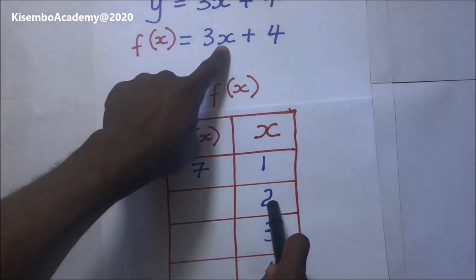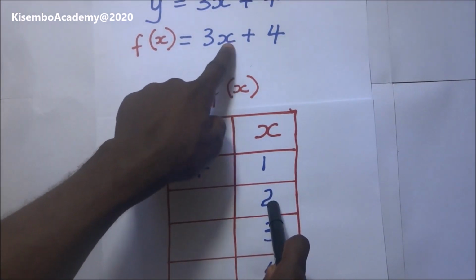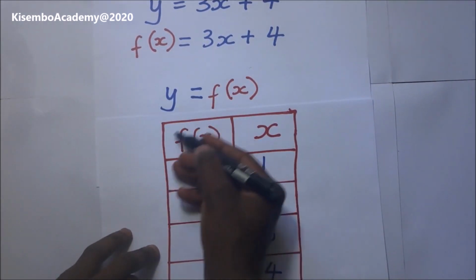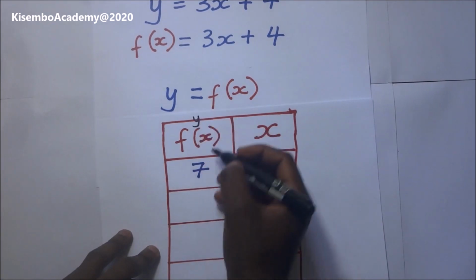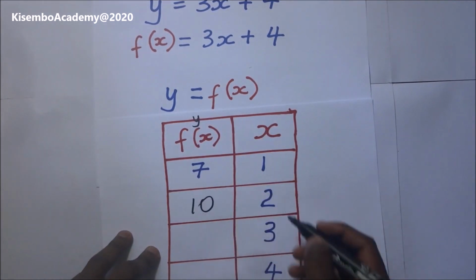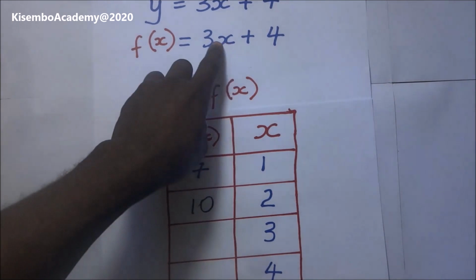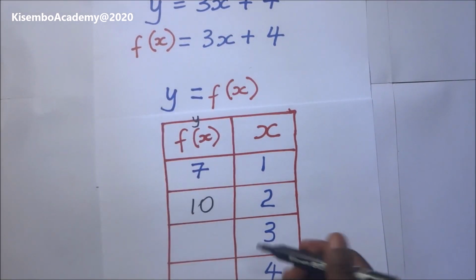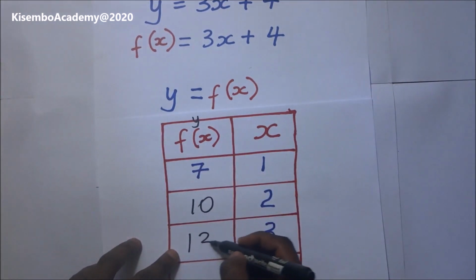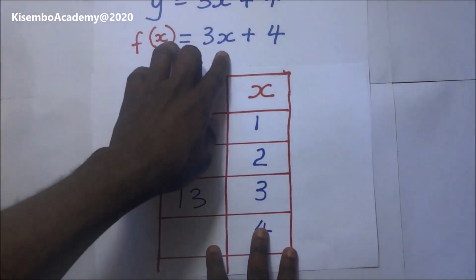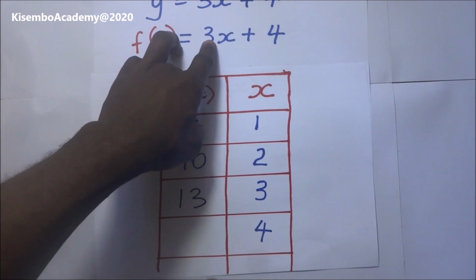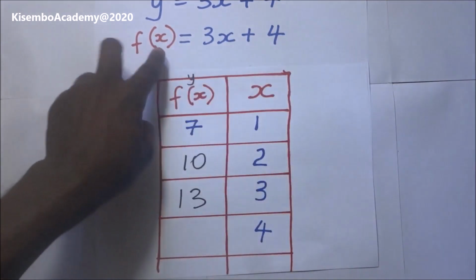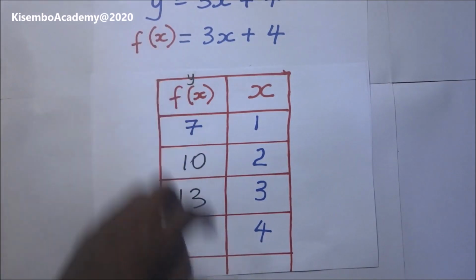If I put 2 here, 2 times 3 is 6, 6 plus 4 is 10. If I put a 3, 3 times 3 is 9, 9 plus 4 is 13. Likewise, if I put a 4, 4 times 3 is 12, 12 plus 4 is 16. So my value of y, or the f of x, is 16.